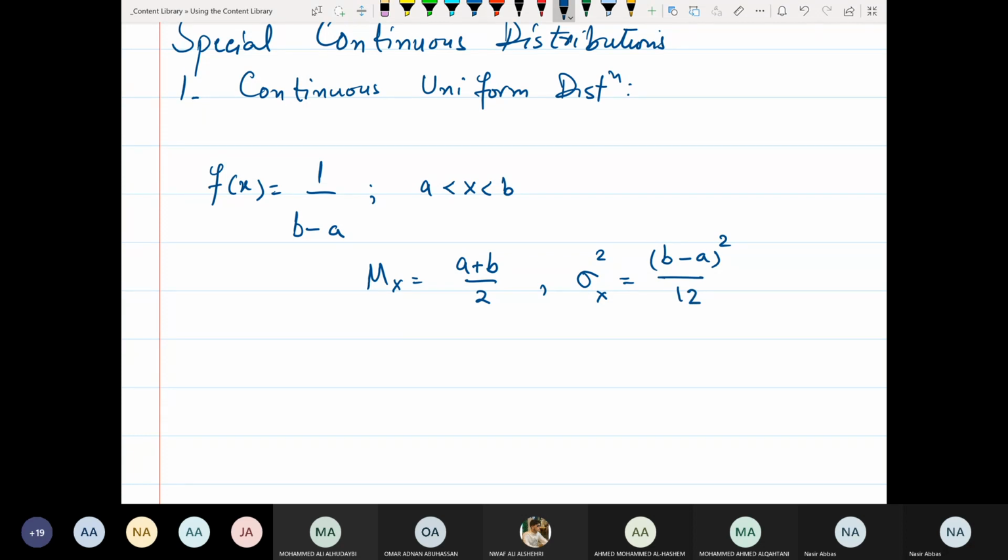These expressions will be given to you in the formula sheet. And for such a random variable, the CDF is also given in the formula sheet, that is x minus a over b minus a. Let us have a question.